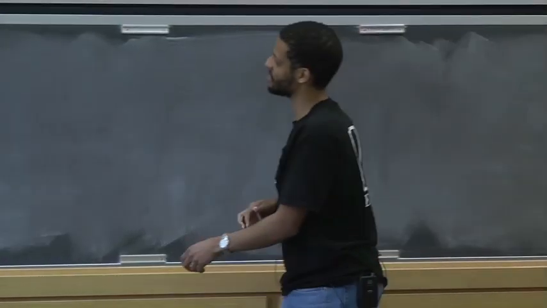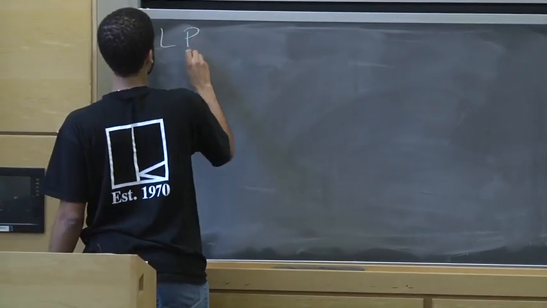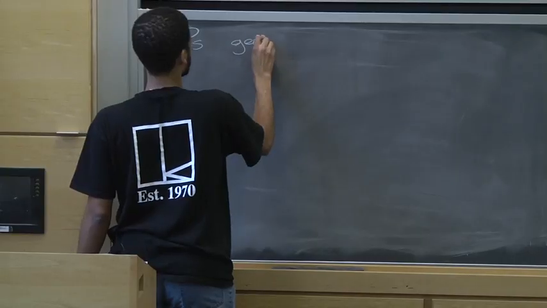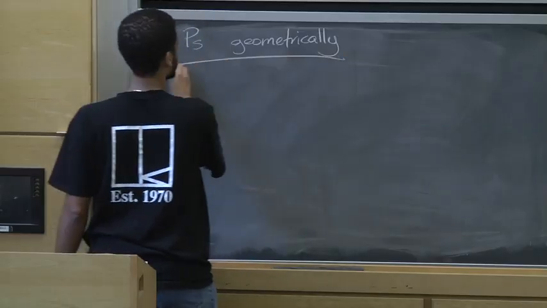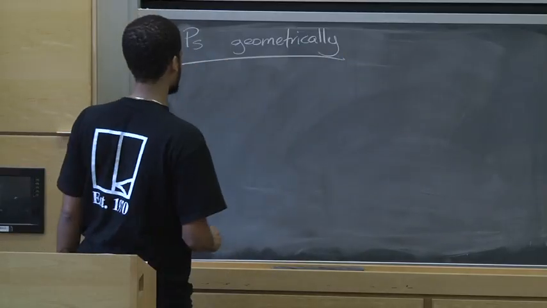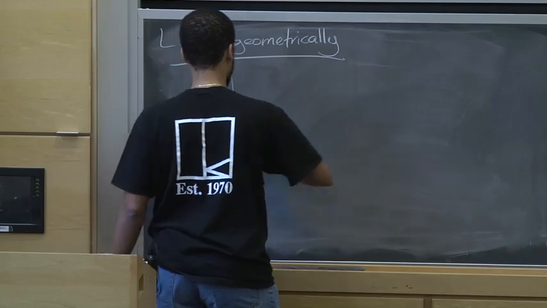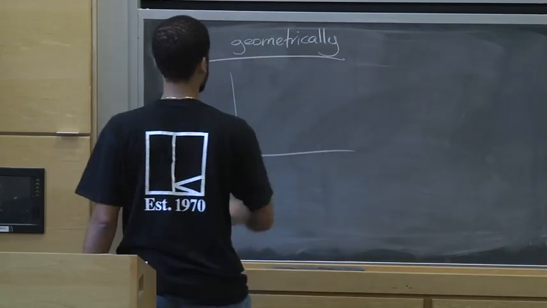Okay, so simplex is going to be a greedy algorithm. Well, first of all, let's look at what an LP is geometrically. Okay, so let me draw one in 2D.